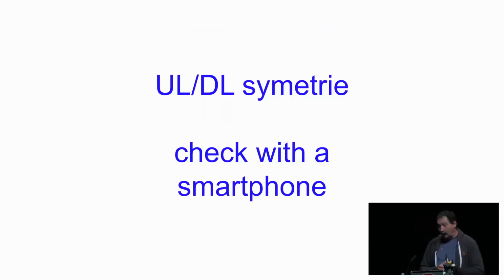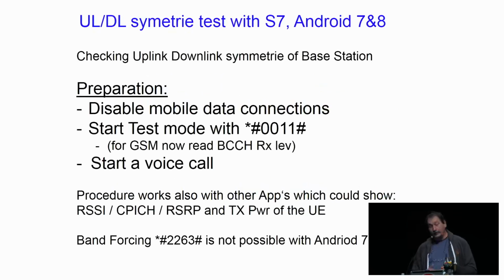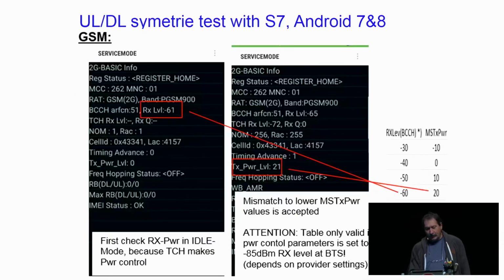How can we measure the uplink downlink symmetry with a smartphone? Maybe at home, in a simple way. I tried it for 3 different services, for GSM, UMTS, LTE. I first need to do a dedicated call. Not a data connection; with a data connection we need a call. It makes a more proper call.